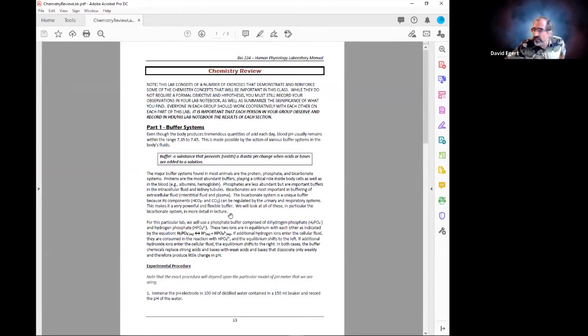So it's basically talking about, in this case, we're using a phosphate buffer rather than a bicarbonate buffer, which I just described for you. We're going to have a buffer solution, and there are recipes you can use to create them to be stable at different pHs. The one that we made for this lab is stable around pH 7.